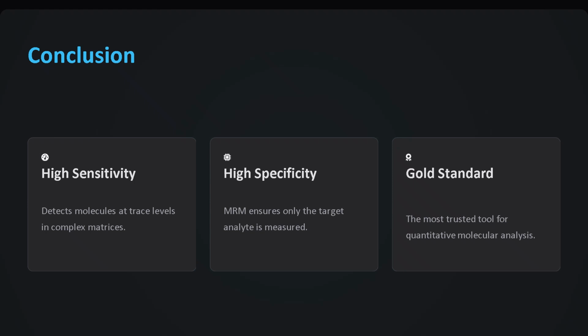By combining careful sample preparation, optimized method development, calibration, and validation, scientists can obtain highly accurate and reproducible quantitative data. Because of these advantages, triple quadrupole instruments are widely used in pharmaceutical research, clinical diagnostics, food safety, and environmental monitoring.